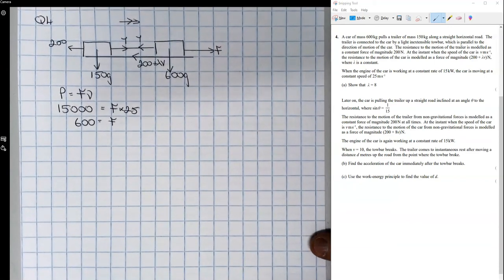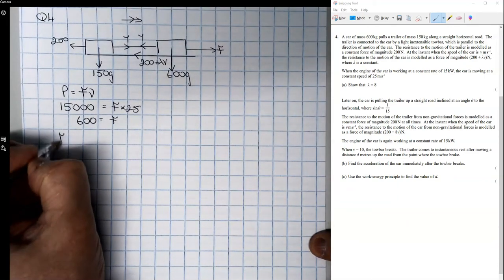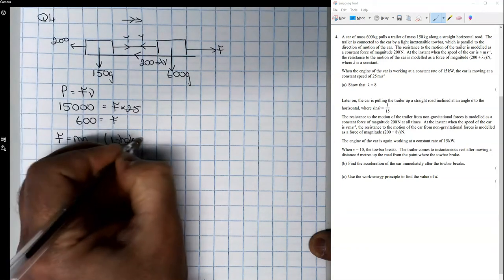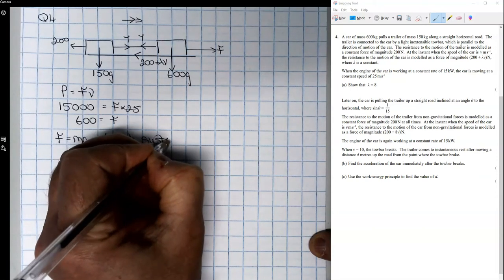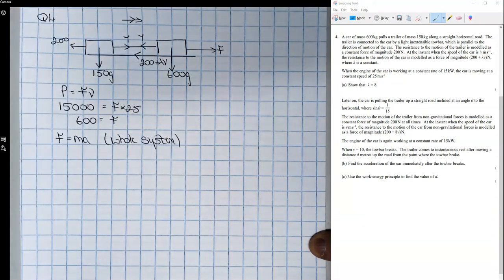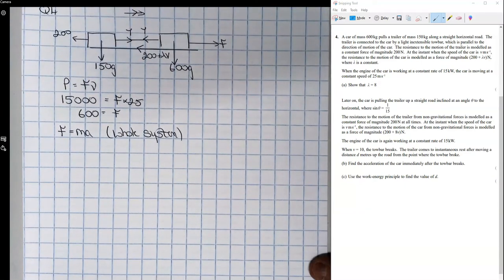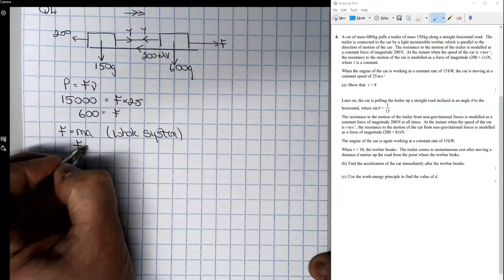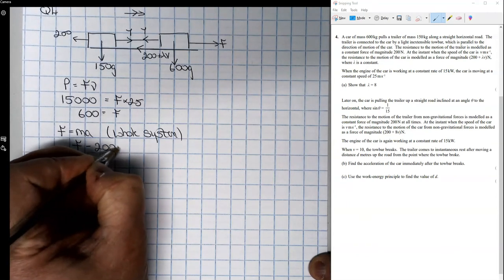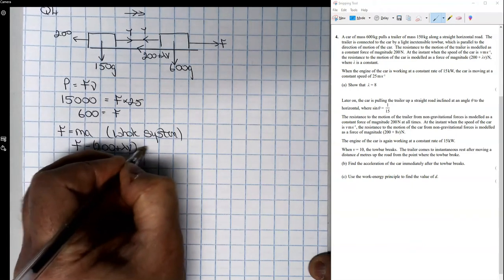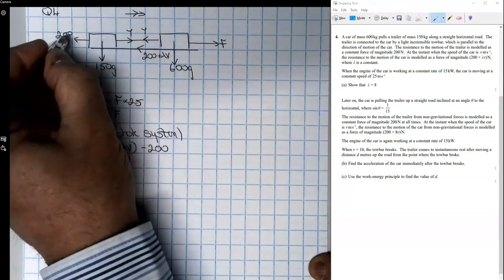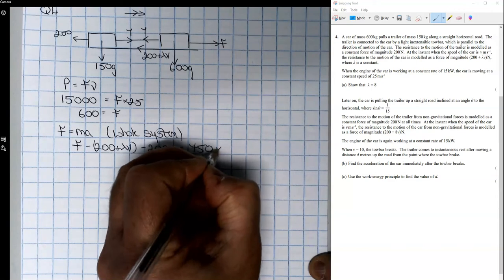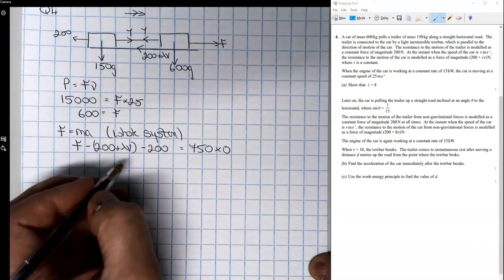Okay, now we're looking at using F equals MA, and we're going to do the whole system. So we're doing a car and a trailer together, because that will cancel out the T's. I could do two simultaneous equations, but if I do the whole lot, then the T's will disappear from my calculation. So I've got force forward, take away the two resistance forces, equals the mass times acceleration, and we're told it's going at constant speed, so no acceleration.